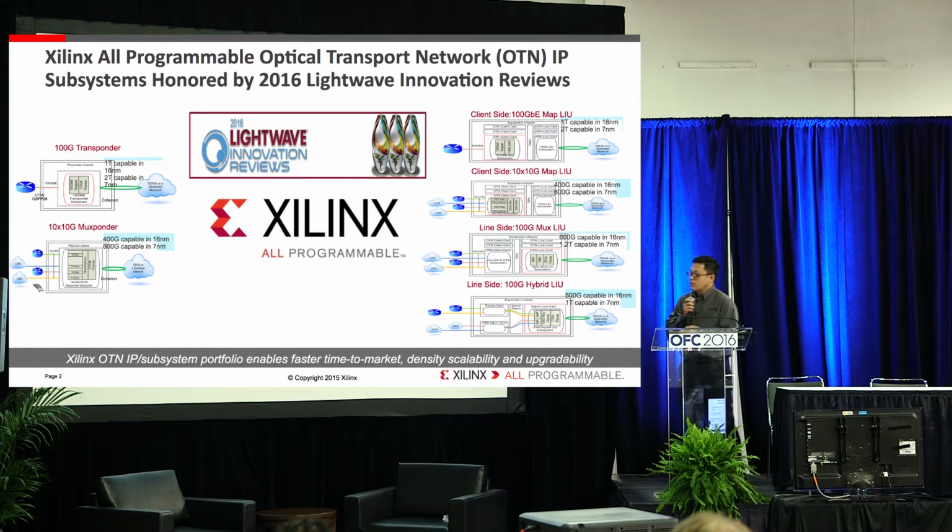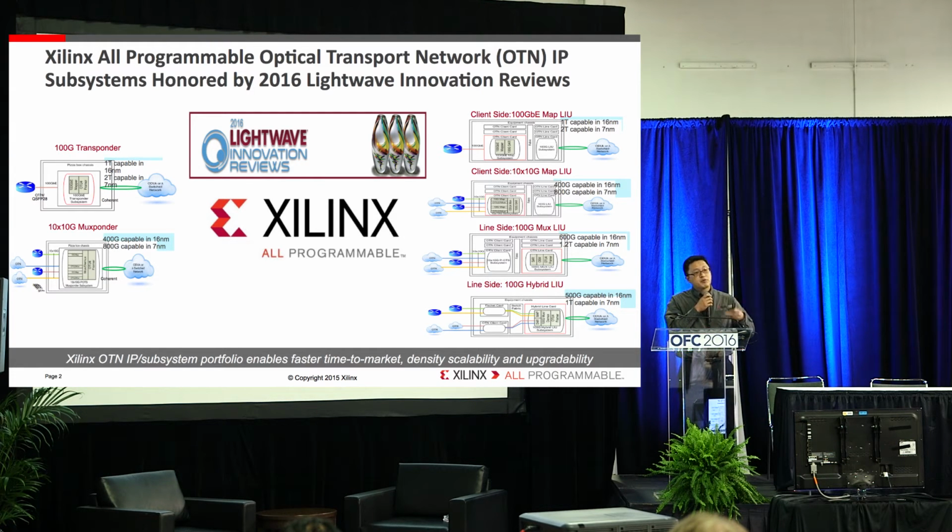If you look at some of the notes that I put on this slide, if we just take the example of the 100 gig transponder, that normally will take the 100 gig Ethernet and map that into an OTN container and go out as an OTU4. With the 16 nanometer FPGA, which we're starting to sample right now, you can essentially support 1 terabit of throughput.